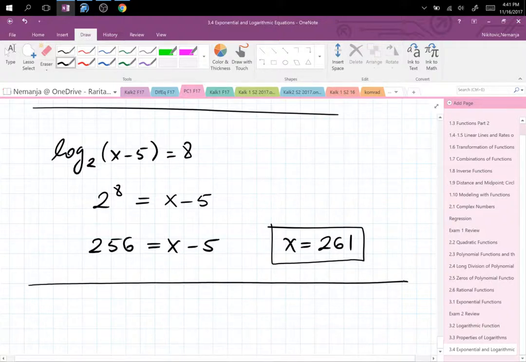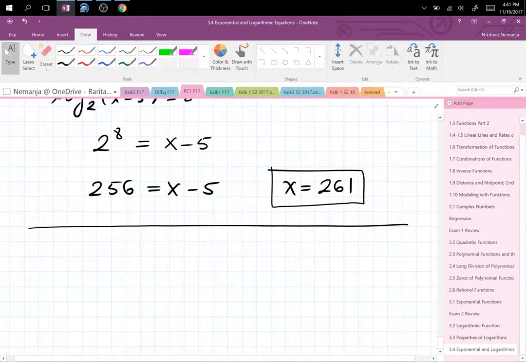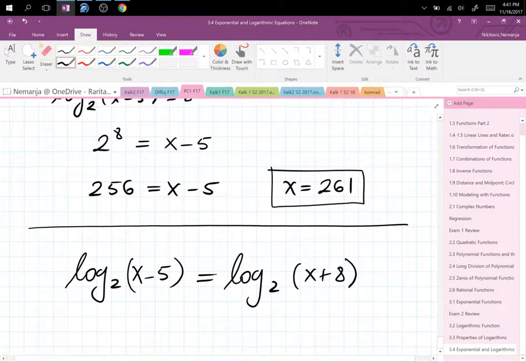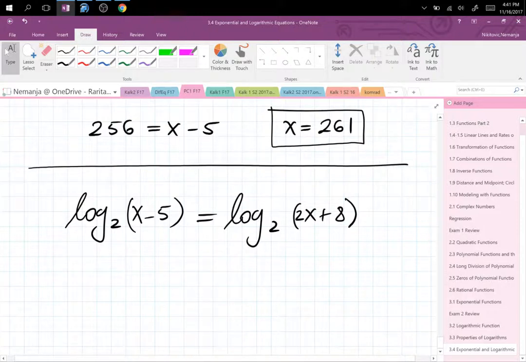Now, interesting problems in this part are problems where you get to compare logs and then compress, then compare logs. So we start with just comparing logs first. If you have log base 2 of x minus 5 on one side is equal to log base 2 of 2x plus 8 on the other side, we have the same rule like we have for our exponential equations.